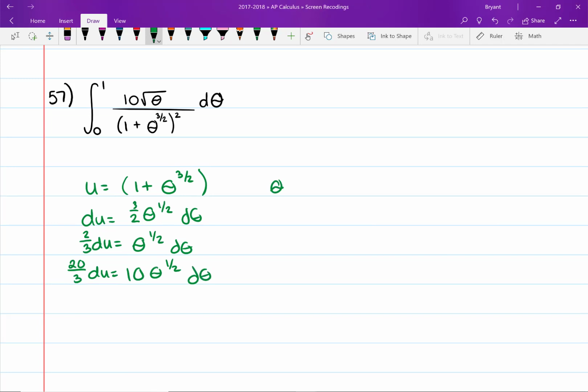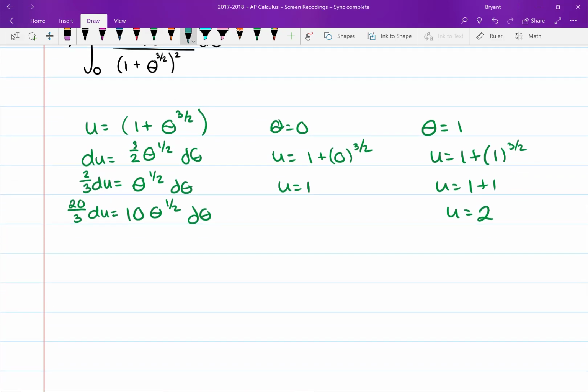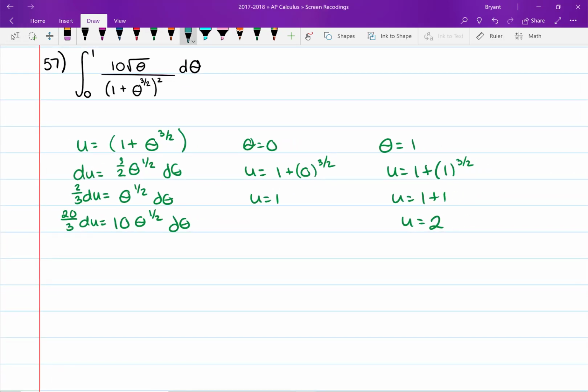So if theta is equal to 0, u is equal to 1 plus 0 to the 3/2, so u is equal to 1. If theta is equal to 1, you get u is equal to 1 plus 1 to the 3/2, so u is equal to 1 plus 1, so u is equal to 2. And now we're going to rewrite it with our u sub. So this becomes the integral from 1 to 2.